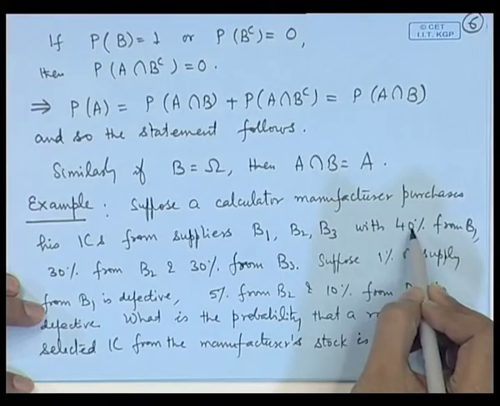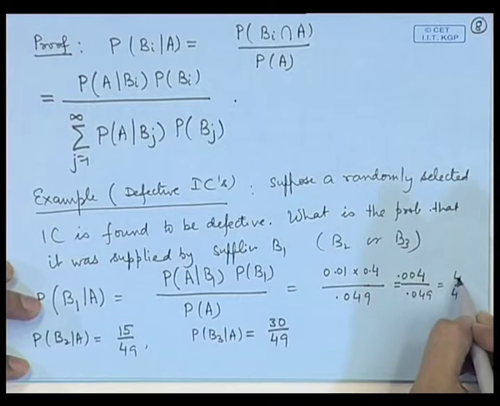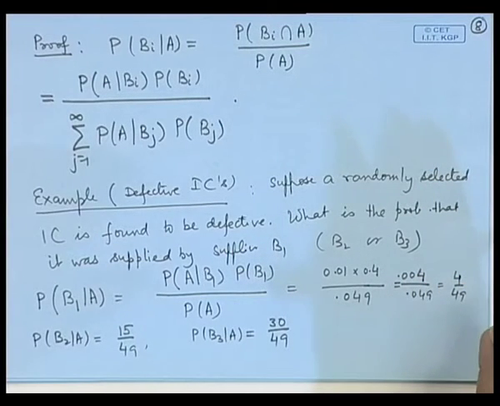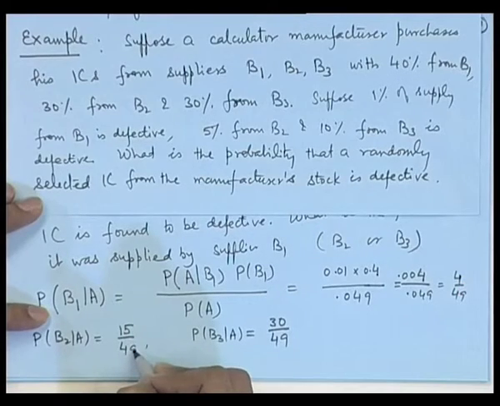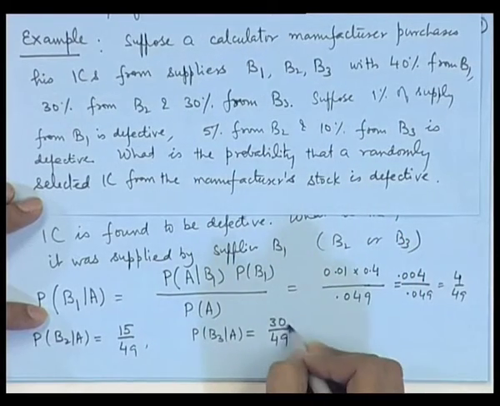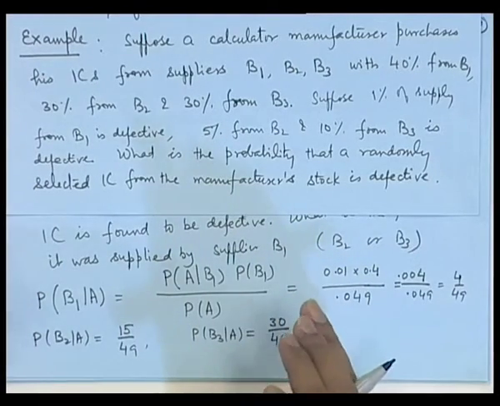So, although more supply comes from the first manufacturer, the probability that it came from him, provided it is defective, is much smaller. So, this is an important consequence of the Bayes theorem. B 2 given A is 15 by 49, probability of B 3 is 0.3, whereas probability of B 3 given A becomes 30 by 49, which is much higher. So, the probabilities get revised in the light of the knowledge about the outcome.